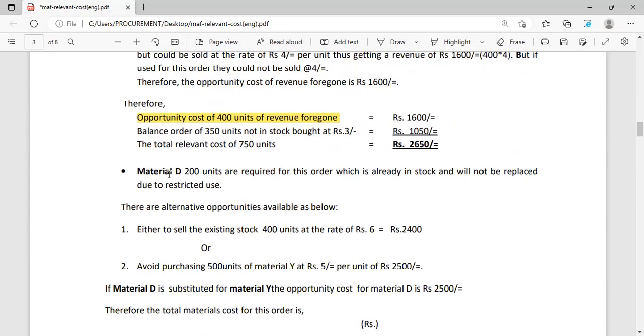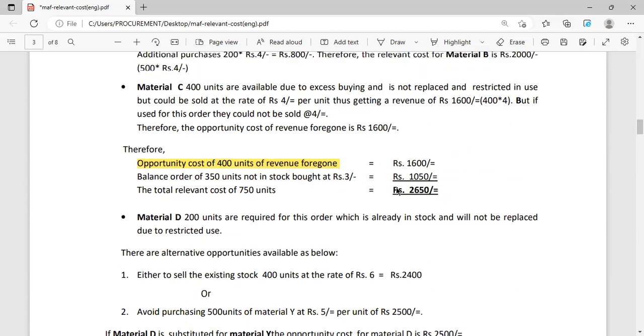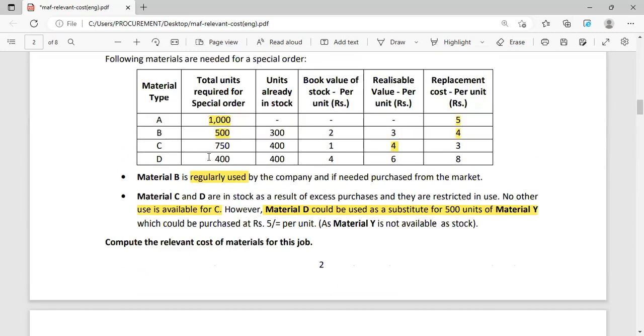Okay, so material D now. Material D, 200 units are required for this order, which is already in stock. Let me go back there. So they need material D, 400 units, and they have the whole material D in stock, which is 400.